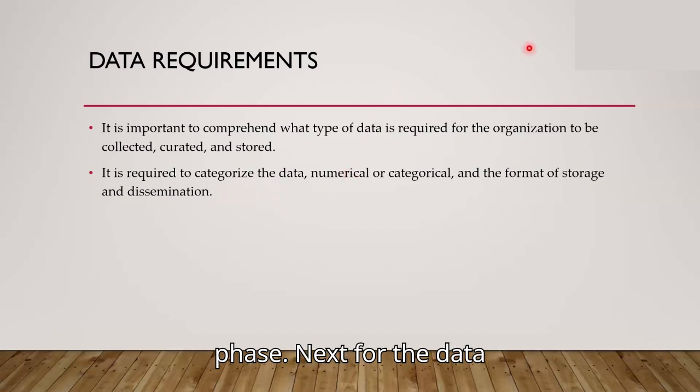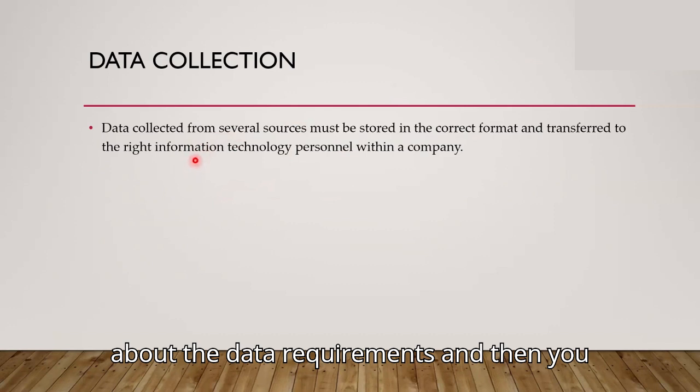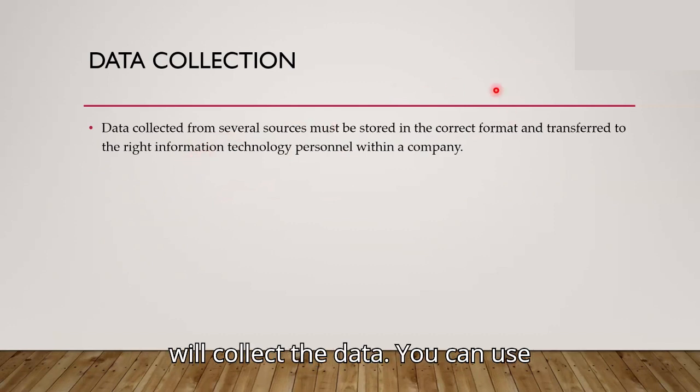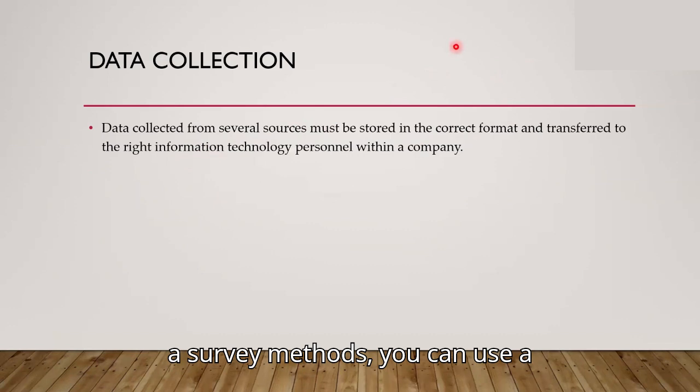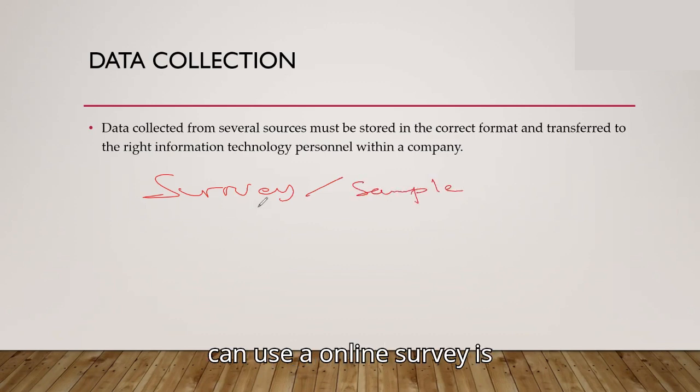Next after data requirements is data collection. After you know about the data requirements, you will collect the data. You can use survey methods, you can use a sample method, or an online survey is also helpful for data collection.